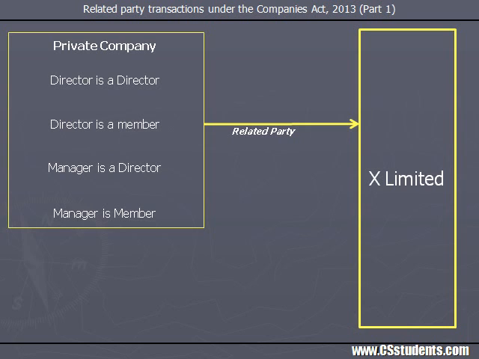So, we can say that the mere directorship or membership in a private company would trigger the definition of related party. However, such directorship or membership in a private company is limited to the directors or manager of a company. If such directorship or membership in a private company is held by any relative, then the definition of related party will not trigger.